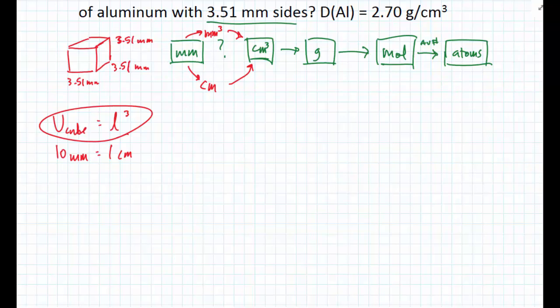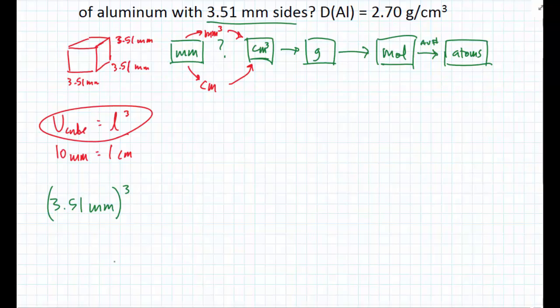So here, let me write one of these ways, at least. What we could do, one way of doing it, at least one pathway here, is starting with that length and just cubing it to get cubic units that we were given, right?